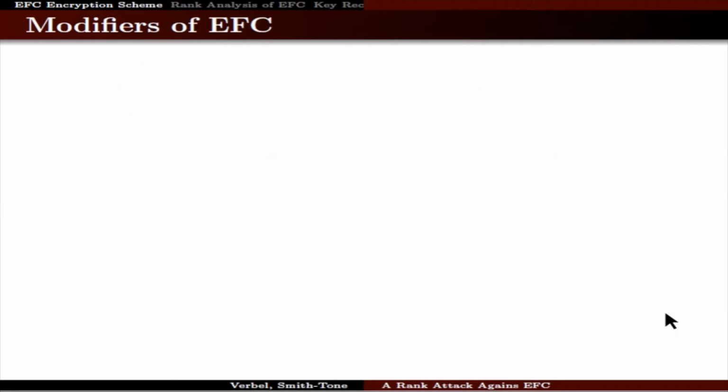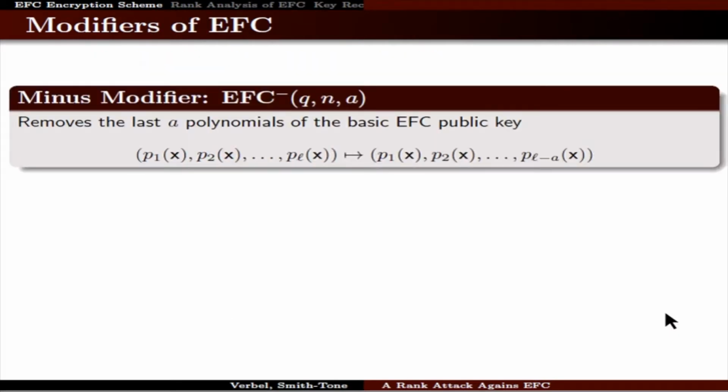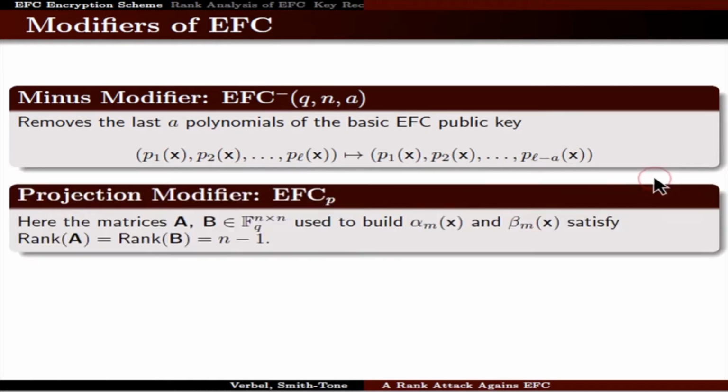So to bootstrap the security of this scheme, the authors propose certain modifiers in order to make the scheme more secure. One of them is the minus modifier, which is pretty simple. You just need to remove some equations from the original one. It is parameterized with a parameter a, and this parameter says how many equations we are going to remove at the end. Another modifier they apply is over the matrices A and B, and it is called the projection modifier.